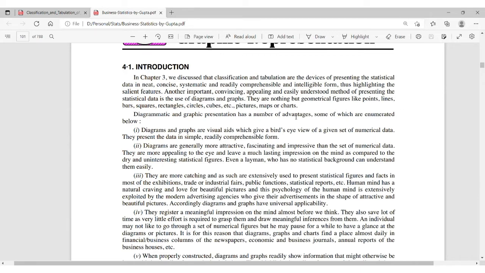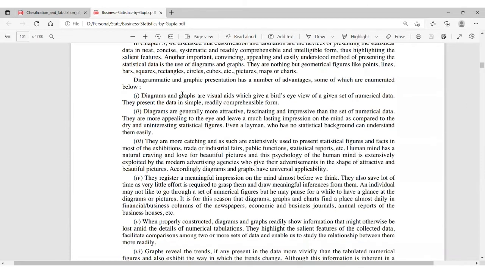What are the advantages of these diagrams? Graphs are visual aids. When you see the diagrams or graphs, you can easily interpret things. They give a bird's eye view, so at the first chance you can find your interpretation.